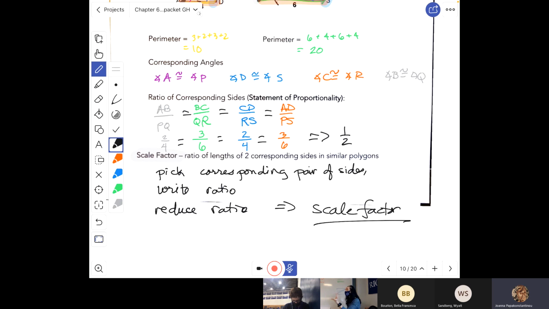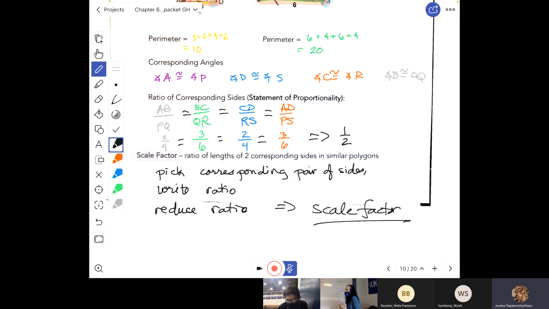Yes, so you can pick the pairs and write larger to smaller. Absolutely. So in this case, I could have done PQ to AB, and I could have done QR to BC, but you have to make sure you always go from figure to figure, right? Corresponding pairs within figures. So if you list the larger one first in this case, you would get a scale factor of 2, and that would be yet another scale factor.